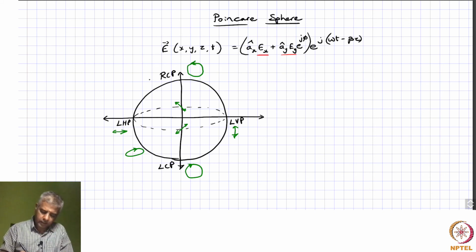In terms of phase, this lambda by 4 corresponds to a pi by 2 change in phase.